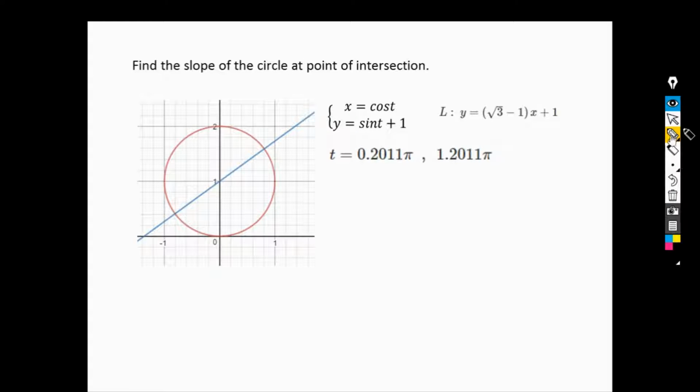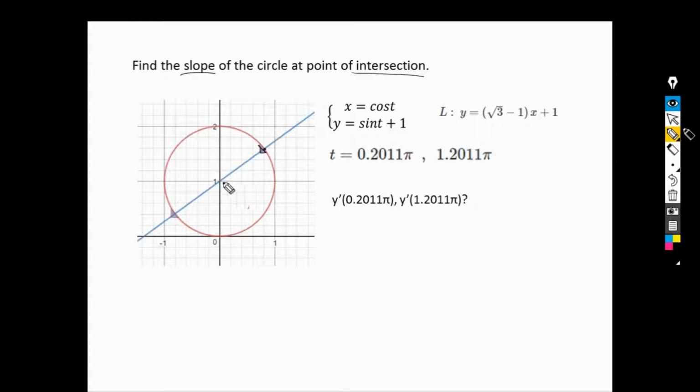And the follow-up question is to find the slope at the intersection point. What we want to know is, at this point, what is the derivative value? So we need to find the derivative of y, which is dy/dx. dy/dx will be this slope.